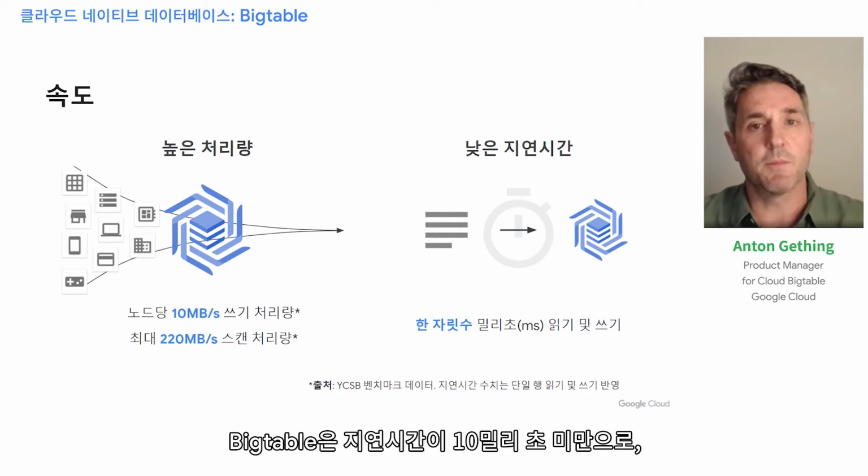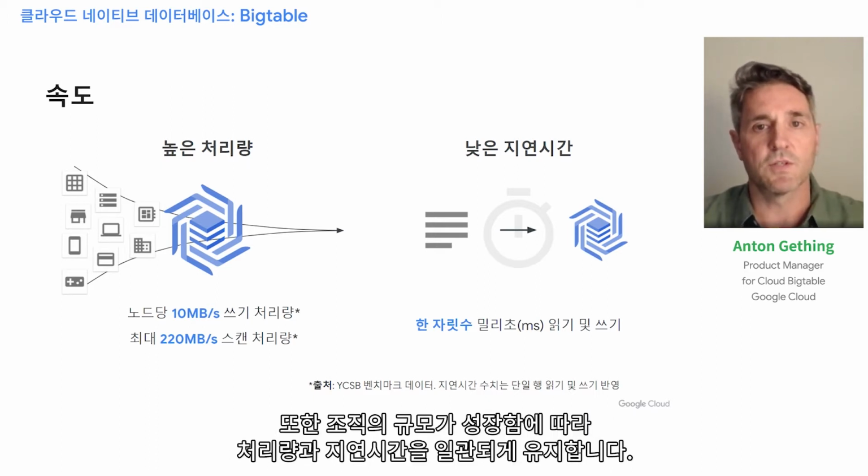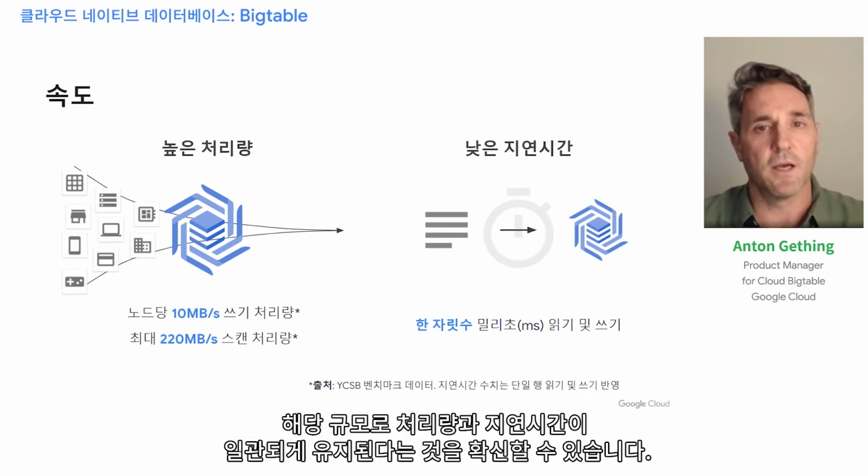Bigtable provides sub 10 millisecond latency, making it a perfect fit for real-time storage and analysis of huge data sets. It also provides consistent throughput and latency as your size grows. So on the scalability side, as you scale, you can be assured of consistent throughput and latency with that scale.